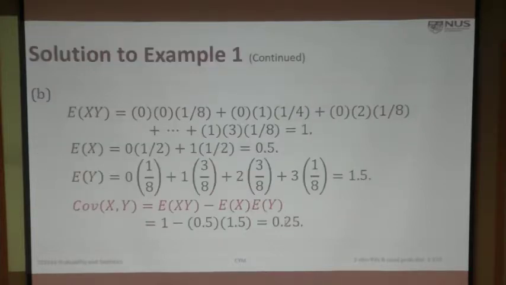It should be 1.5, I think. Yes, 1.5. So the covariance between the random variables x and y is 1 minus 1/2 times 3/2, which is equal to a quarter. Remember, covariances can be positive or negative, so that doesn't help you if you get a positive or negative number. It's not like variances, for example. Variances have to be positive, covariances are sign indefinite.